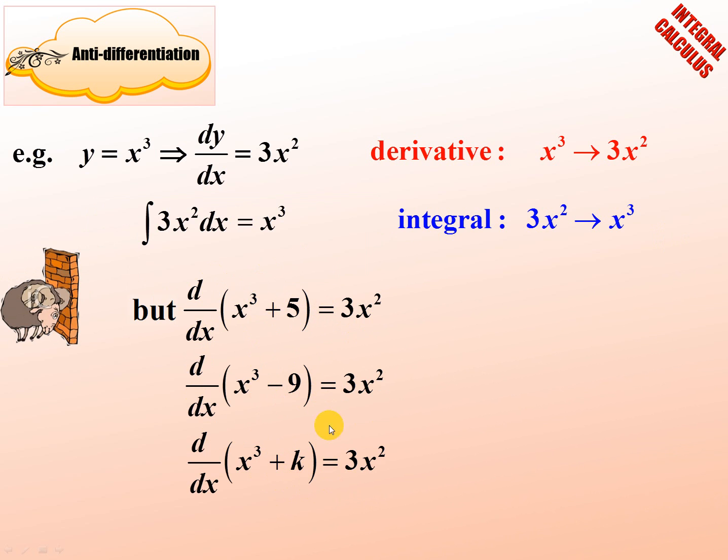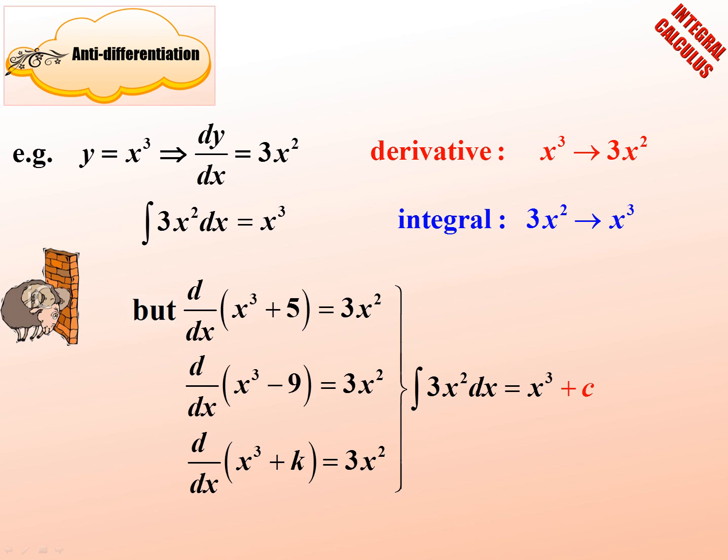It's this constant. Now remember that the derivative of a constant is 0, so the constant's going to go. So whatever constant is combined with x cubed, I'm going to end up with 3x squared as a derivative. When we integrate, we need to make allowance for that. So what we do is we put a plus c on the end.